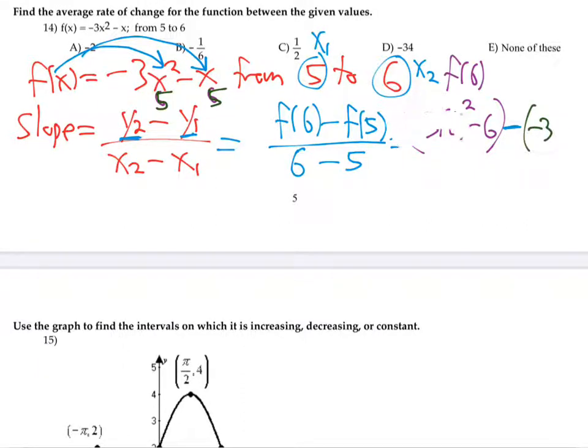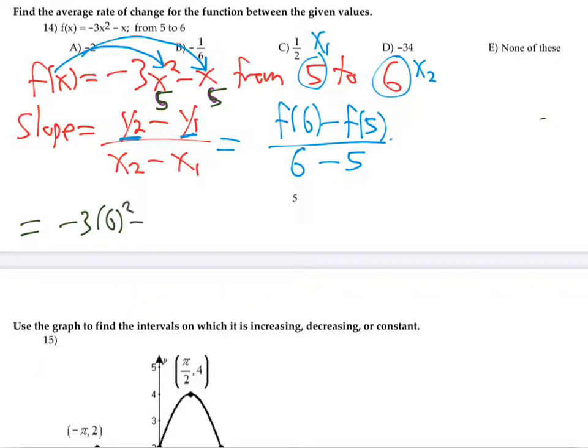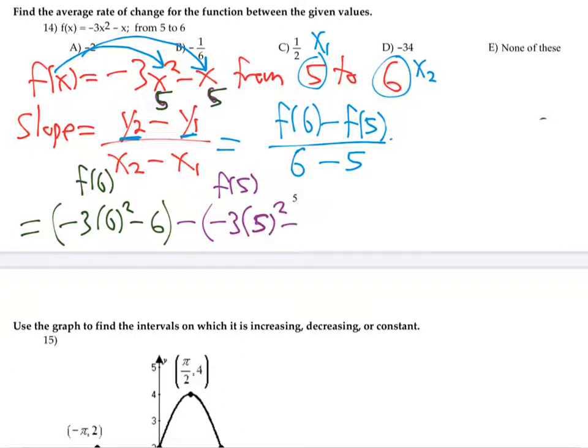Oh, boy, I'm going to run out of room, aren't I? All right. Come on down here. So again, plug in 6 first off. Minus 3 times 6 squared minus 6. So that's f of 6 minus f of 5, which is minus 3 times 5 squared minus 5, all over 6 minus 5.